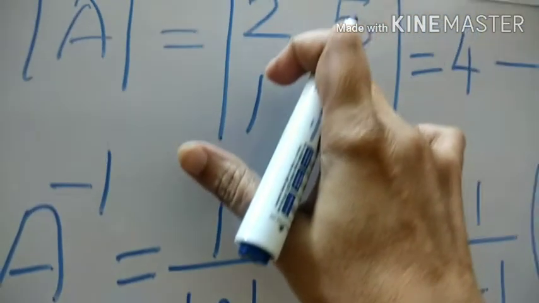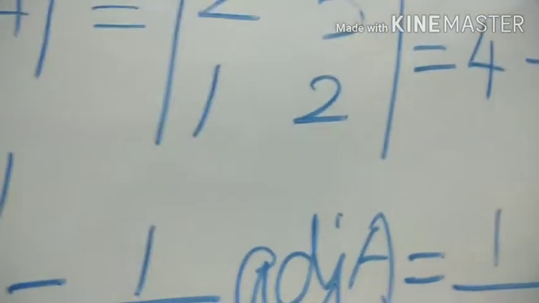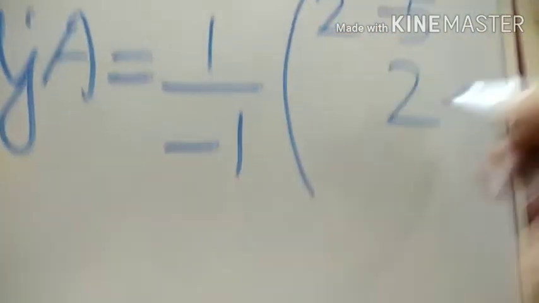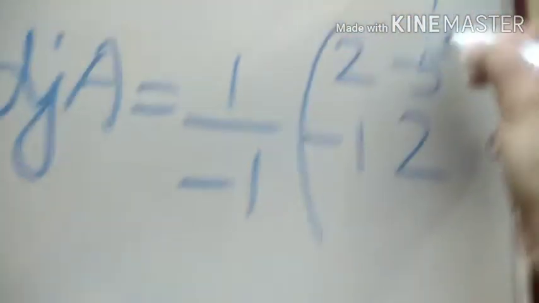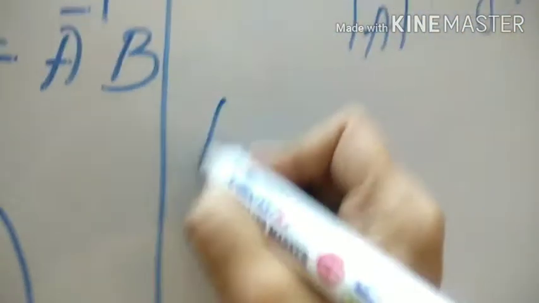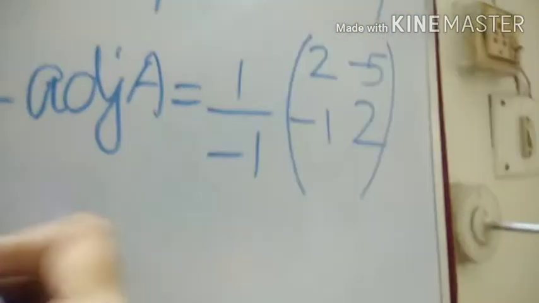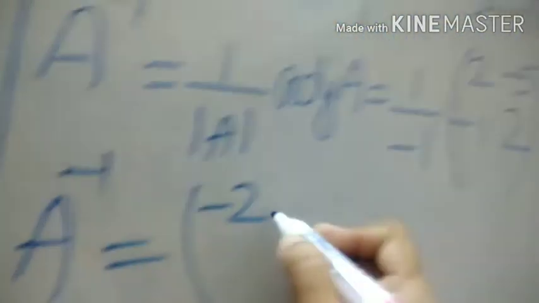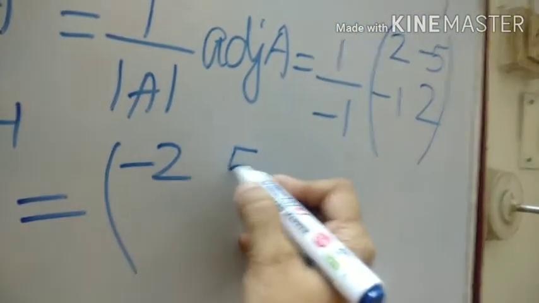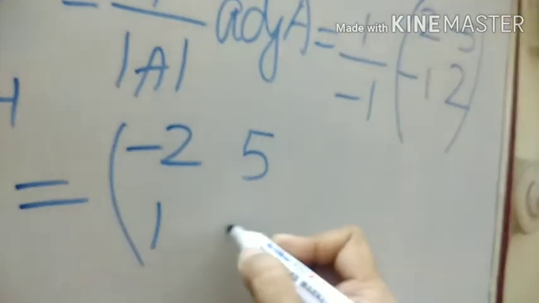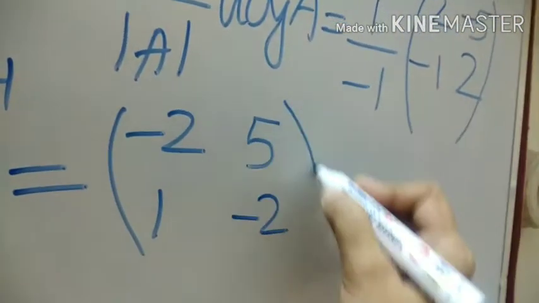So this will become minus 5 and this will become minus 1. So minus 5, minus 1. And so I get A inverse. Let us write the answer properly. Taking this minus sign inside, I rewrite this as minus 2, 5, 1, minus 2. And so this is A inverse.